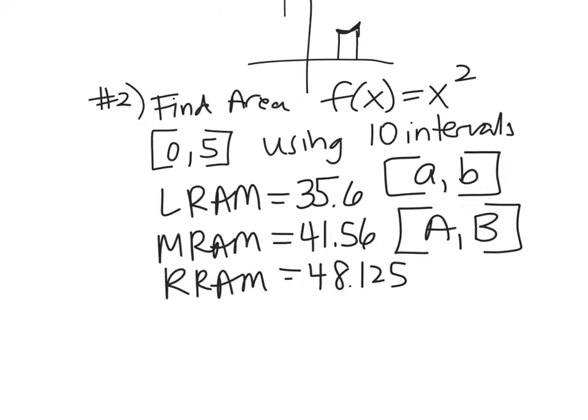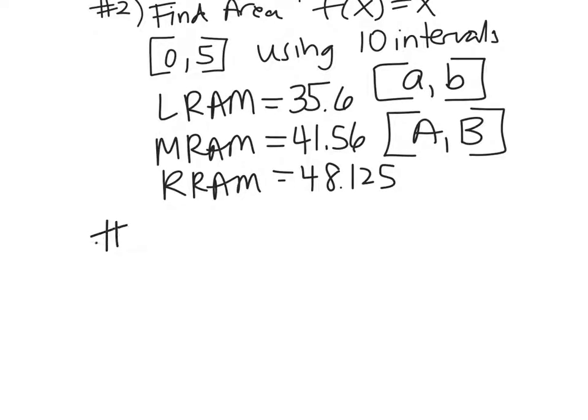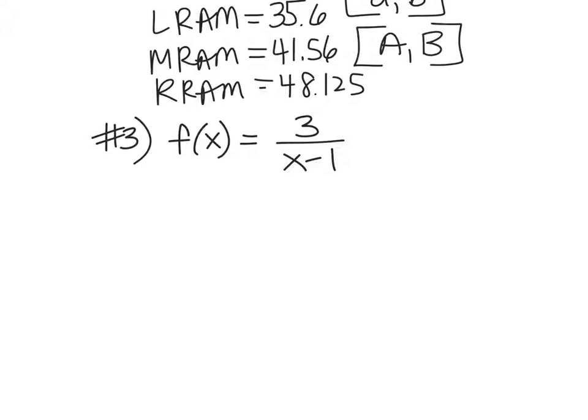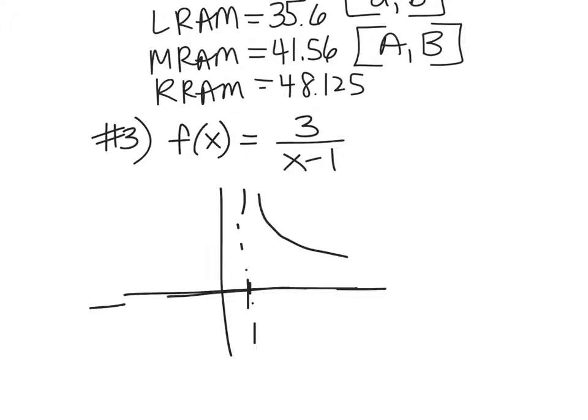Okay, let's do another one, a harder one. Let's do number 3, all by calculator. Let's do f of x equals 3 over x minus 1. If you were to graph this, it's got an asymptote at 1, and it's one of those rational functions.